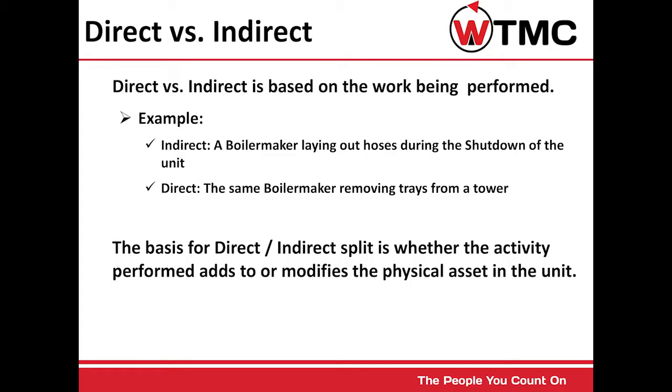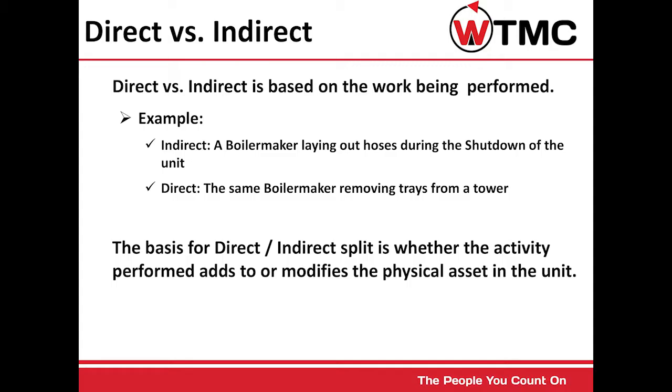Direct versus indirect. The basis for a direct-indirect split is whether the activity performed adds to or modifies the physical asset in the unit. If the resource is doing work on the physical asset in the unit, that is defined as a direct resource.